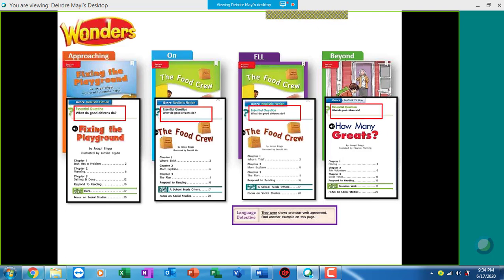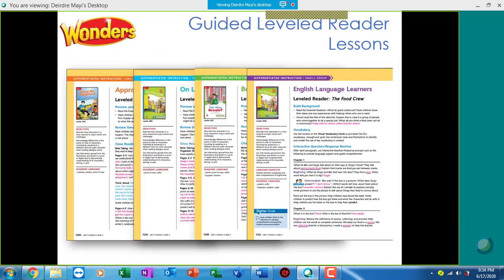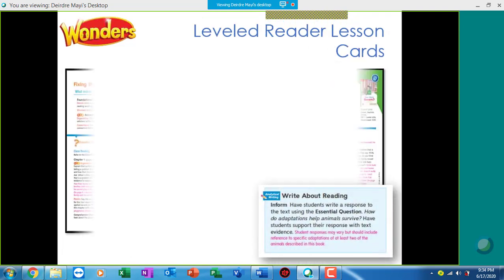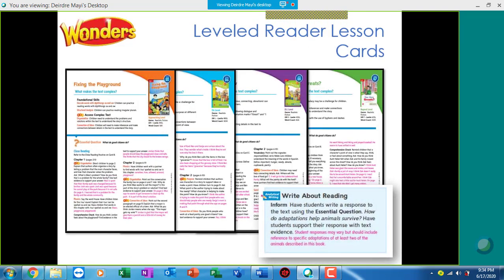How are you supported as you are teaching the leveled readers in small group? First of all, in your yellow pages in your Teacher's Edition, you will see some instruction. But for those of you who want to focus more intently on the complex text features and the close reading features, there are leveled reader lesson cards that can be used to really tease out those finer points. Now, again, both types of instruction are great. It just depends on what your focus is.